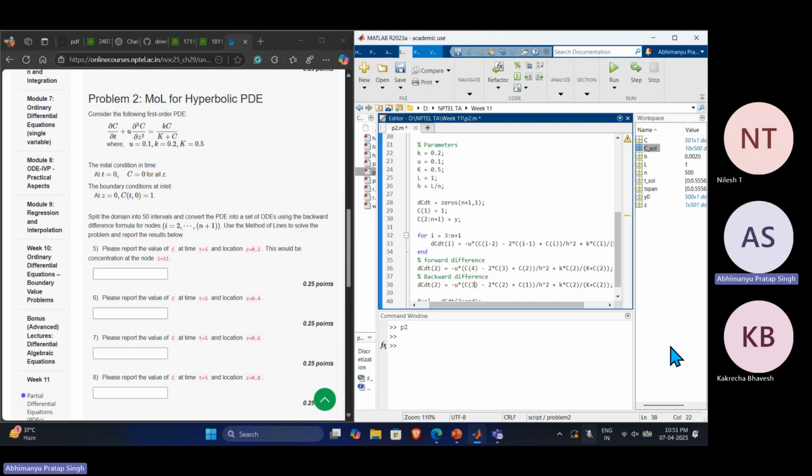I minus 2, C1. Yeah, so this is central difference.